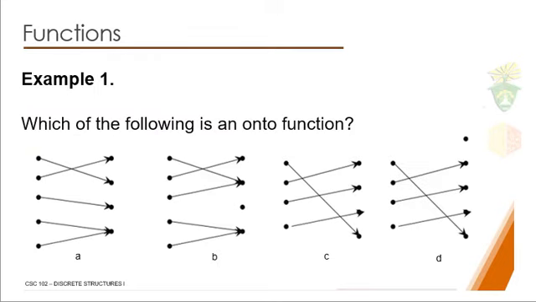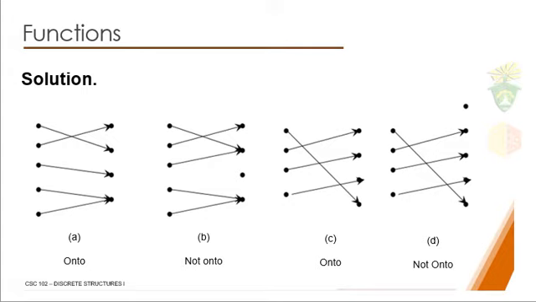So, for this example, asa ani sa ila ang considered as onto function? So, only items A and C are onto. Since obvious man nga equal ang range sa codomain.